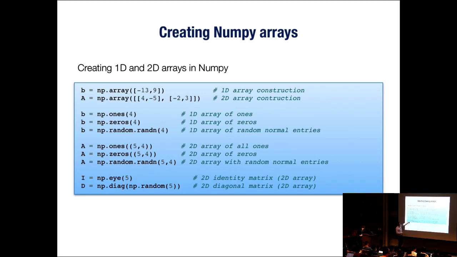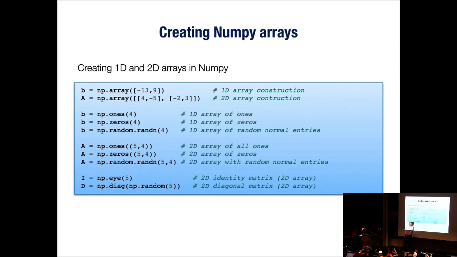I can also create other things like ones or zeros or random numbers, and I can create matrices of those sizes too. In a wonderful idiosyncrasy here, when you say ones and zeros, you need to pass tuples of sizes. But when you call the random function, you don't pass a tuple of sizes, you pass just the sizes.